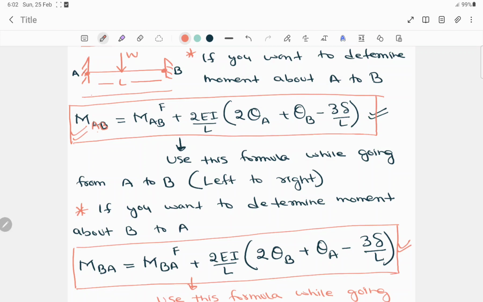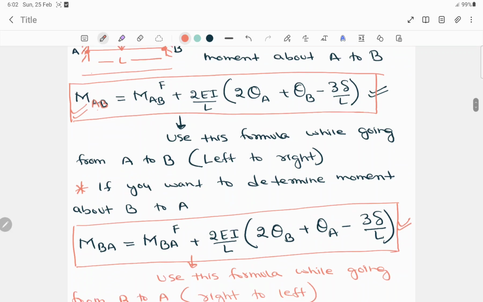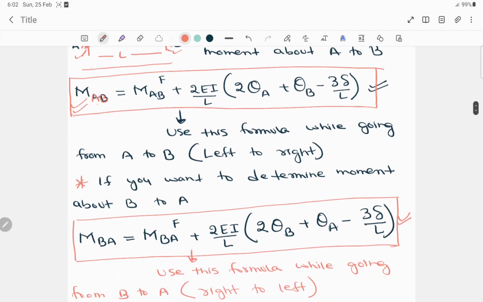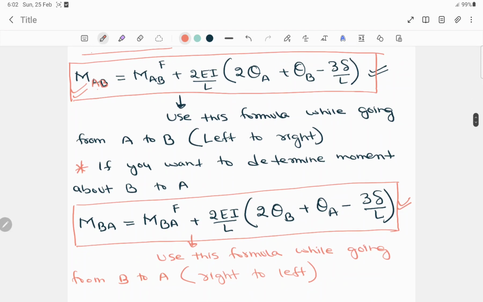is the deflection. Now if you have to find from B to A, then both the formulas are almost similar, but whenever you have to find from B to A, you only need to change this. The formula was A to B, that's why it's AB. Now you have to find from B to A, so it will change.